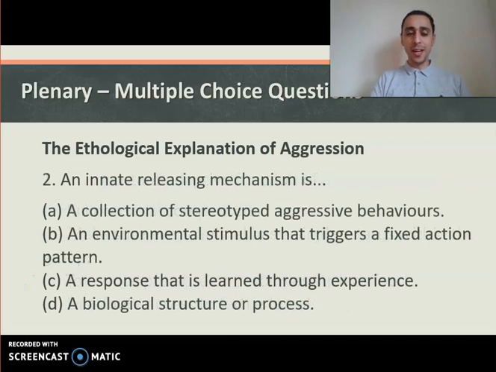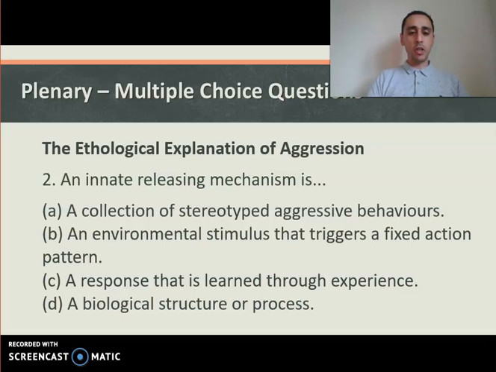Number 2. An innate releasing mechanism is A. A collection of stereotyped aggressive behaviors. B. An environmental stimulus that triggers a fixed action pattern. C. A response that is learned through experience.